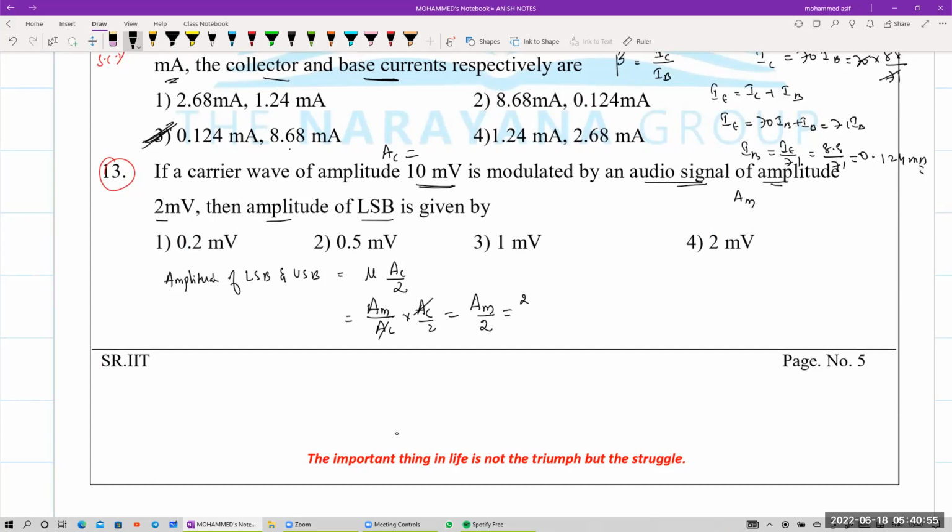So 2 millivolt divided by 2 is 1 millivolt. This is the formula for the lower and upper side bands, mu into AC divided by 2. Mu is the modulation index, modulating divided by carrier wave. The carrier gets cancelled, so the answer is AM divided by 2.